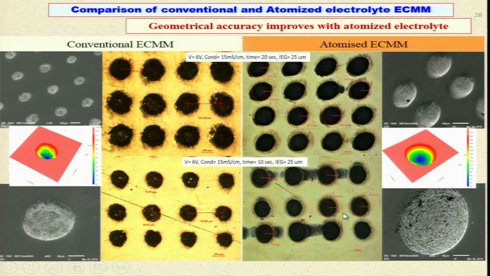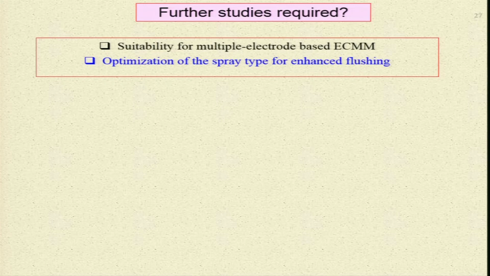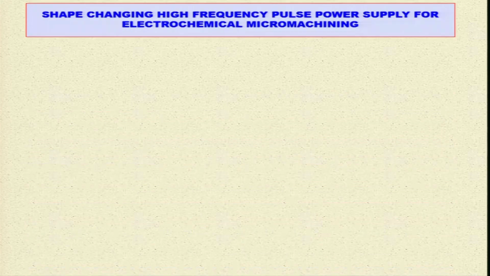You get better geometrical accuracy with the atomized electrolyte. Further studies required: suitability for multiple electrode based ECMM, optimization of the spray type of enhanced flushing, frequency and different shapes of pulse power supply for electrochemical microtexturing, because as I mentioned in other lectures also, you can have the pulse power supply with different shapes, as we will see here.